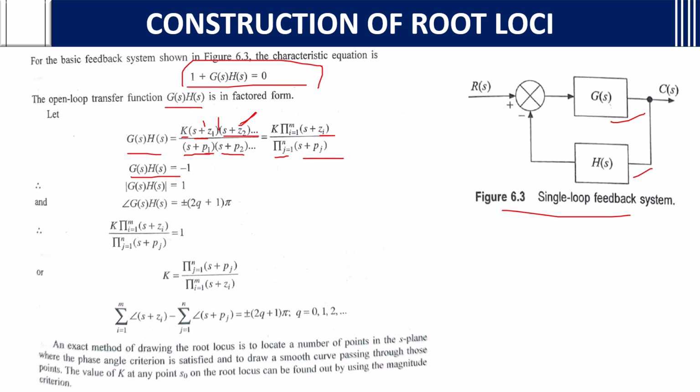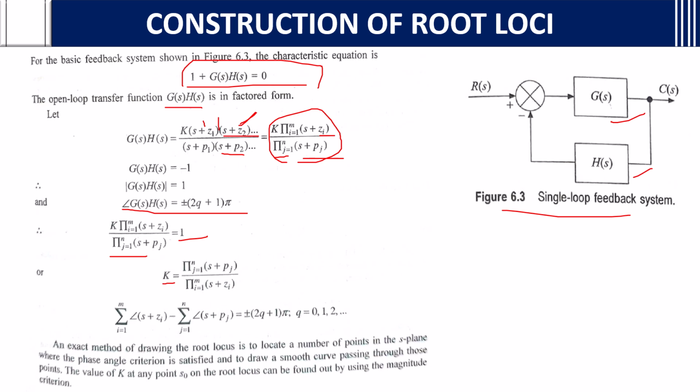In the root locus concept we have seen that Evans told us G(s)H(s) equals minus 1. So the magnitude of G(s)H(s) equals 1, as we have seen in the last video on root locus concepts. The angle of G(s)H(s) is plus or minus (2q plus 1) into pi. And so G(s)H(s) can be written as equal to 1.